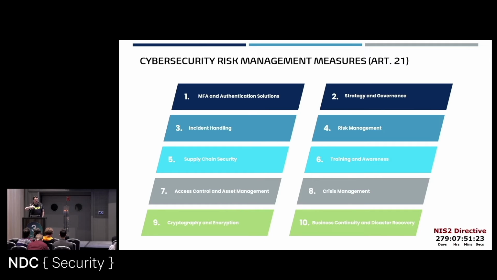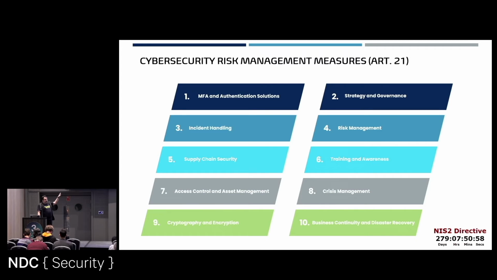Training and awareness for your staff, and so on. Doing asset management and access control, crisis management, handling cryptography and encryption properly, and having business continuity and disaster recovery in place. They don't tell you how to do it or try to sell you a certain product or a service, but you're supposed to find a way to implement those things.